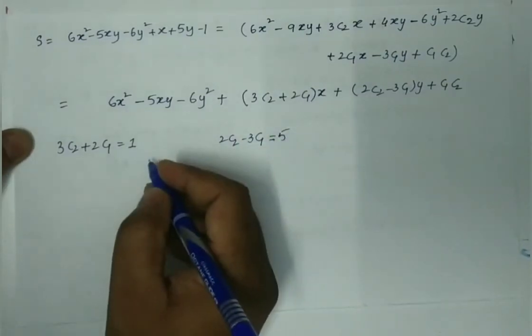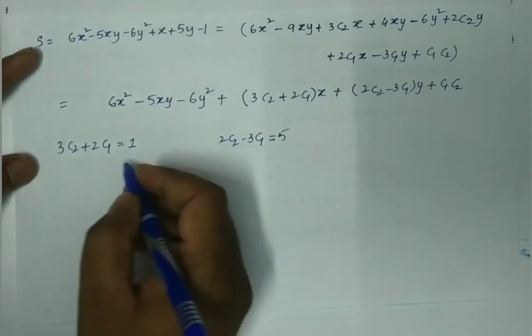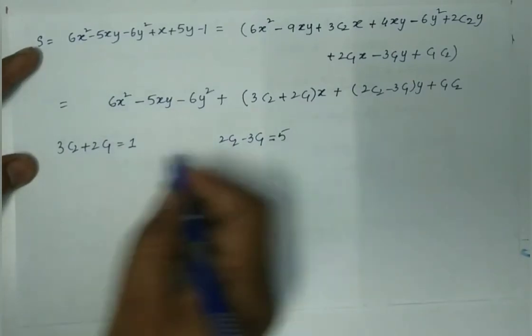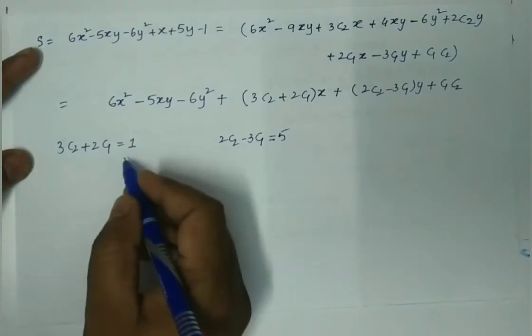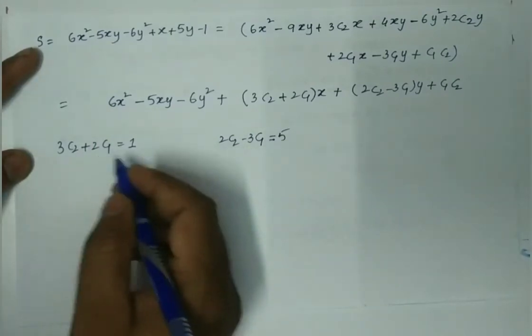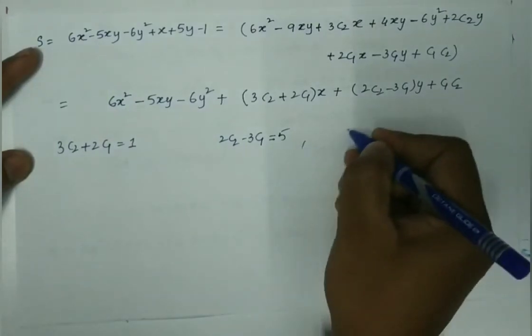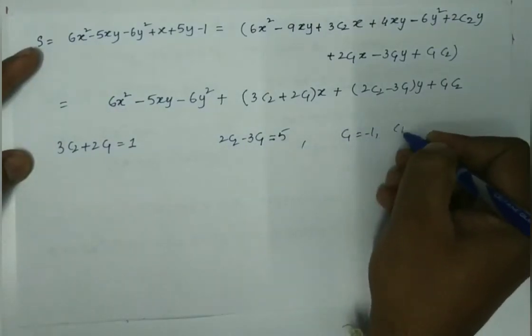So by solving these two equations we get the values of c1 and c2: c1 is −1, c2 is 1.